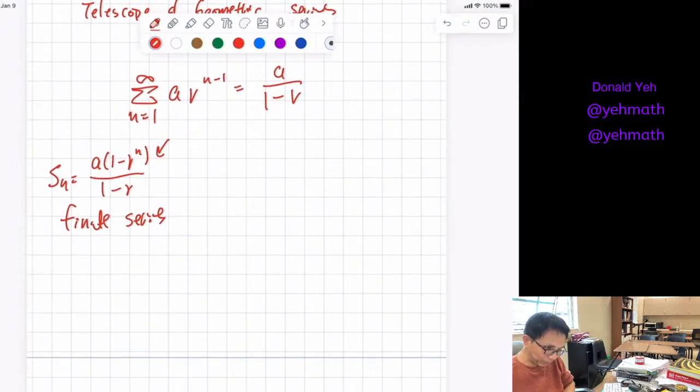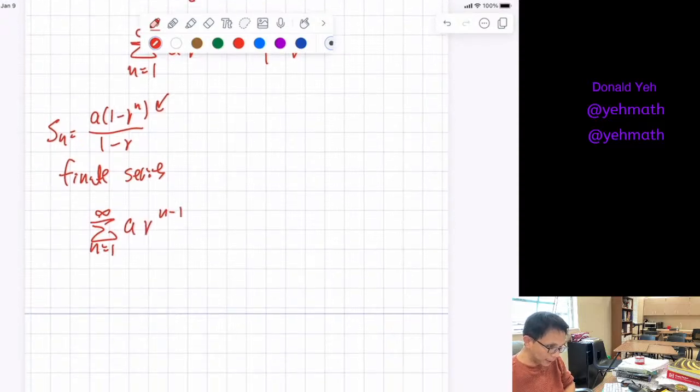This is what happened. If you have the summation from n equals 1 to infinity of a times r to the n minus 1, I'm going to write out the first few terms.